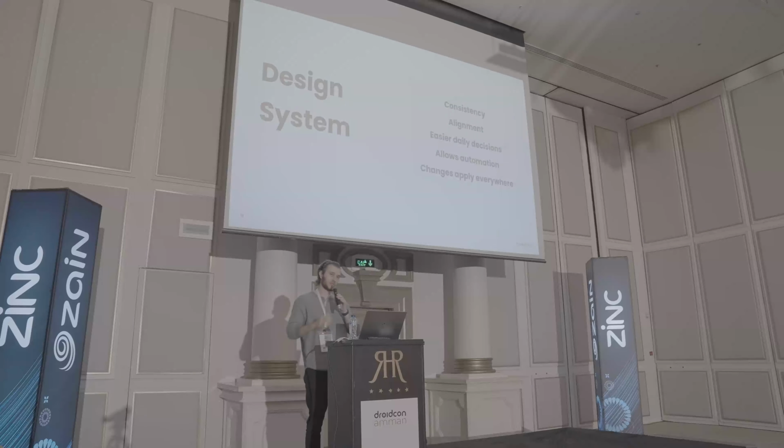So design systems come to save the day with consistency, alignment between platforms, and easier daily decisions, because designers and developers have to agree on the naming, on the styling, how we call everything, organize stuff. And then when you implement a new feature, you already know, because there is a component which is named button.